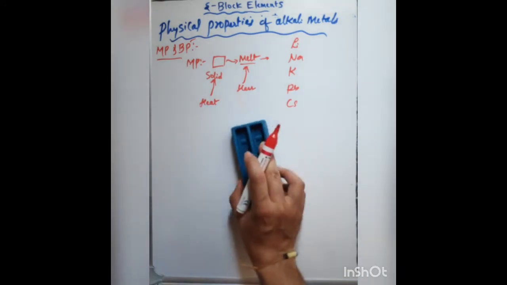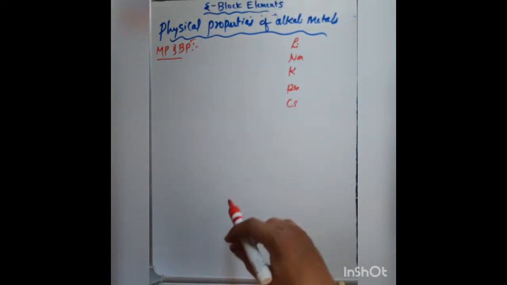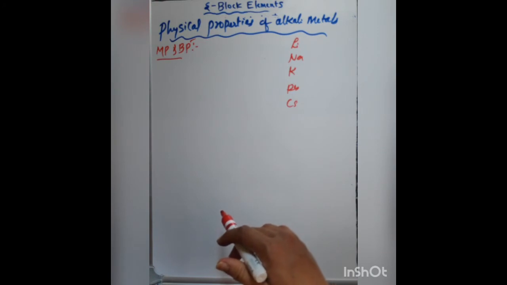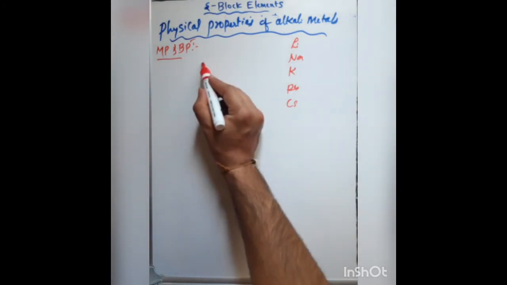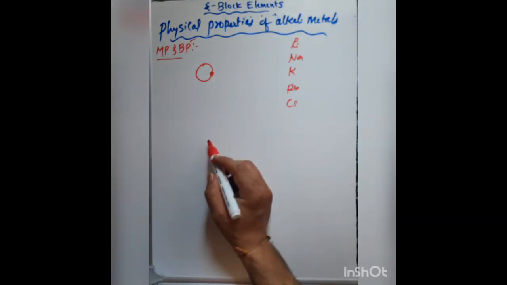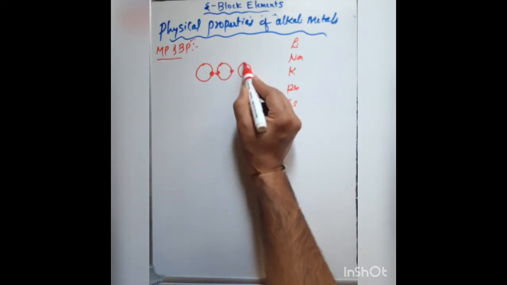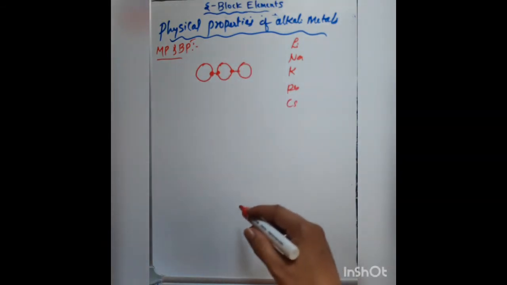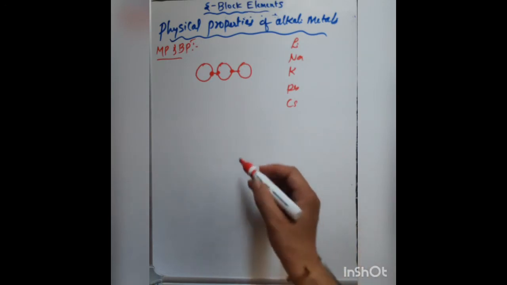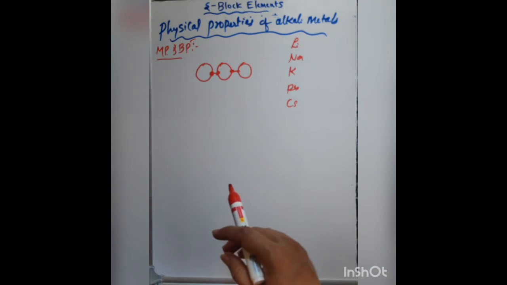So here alkali metals are generally having lower melting point and boiling point because they are having only single electron in their valence shell. So their metallic bonds are held by just single bonds. Because of that, they will be having lesser melting point and boiling point.